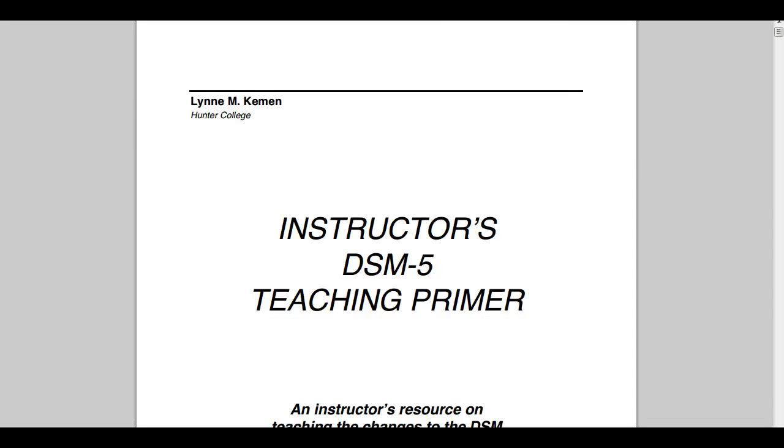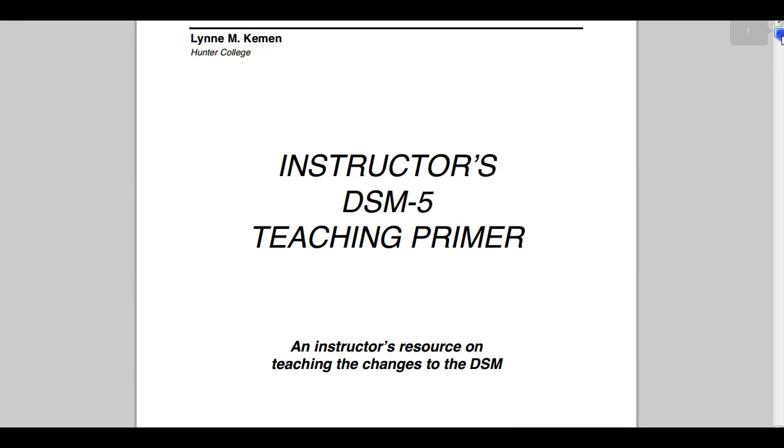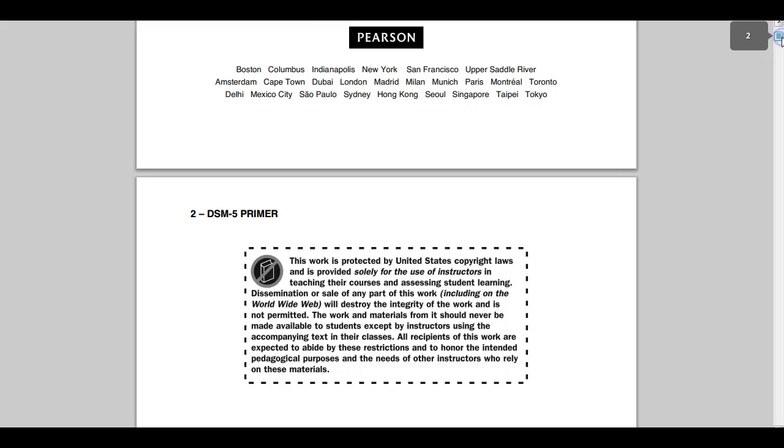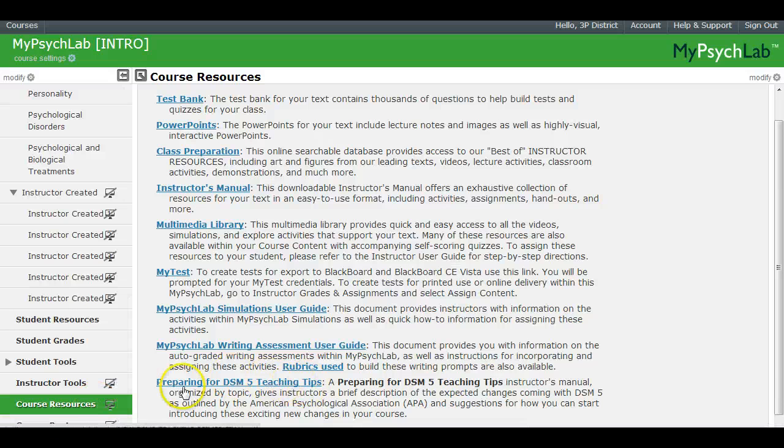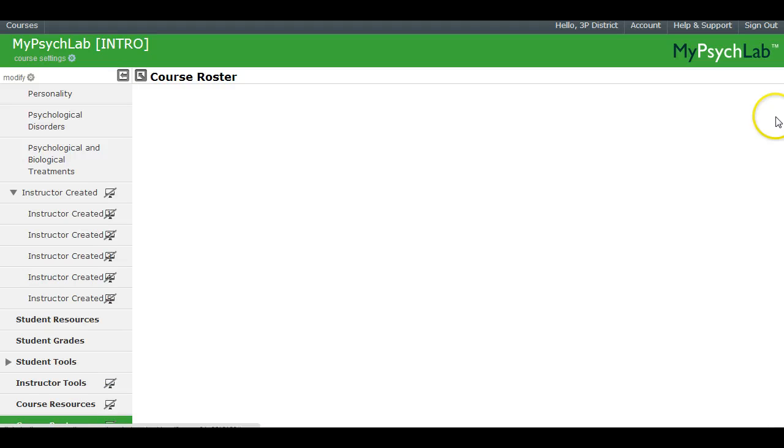So that's a great tool. Lynn Kemen out of Hunter College put this together for us, and we partnered with her. That's in course resources just at the very bottom. And of course your course roster here, you can see how all your students are doing.